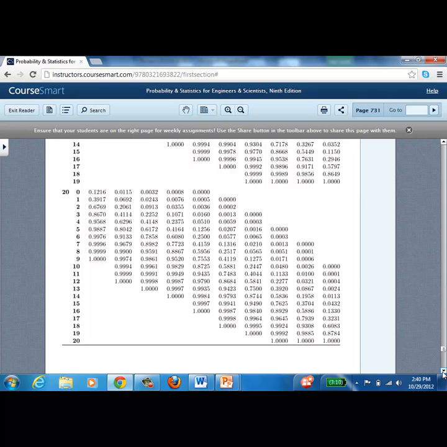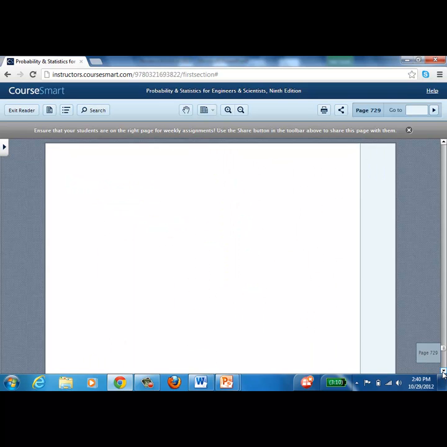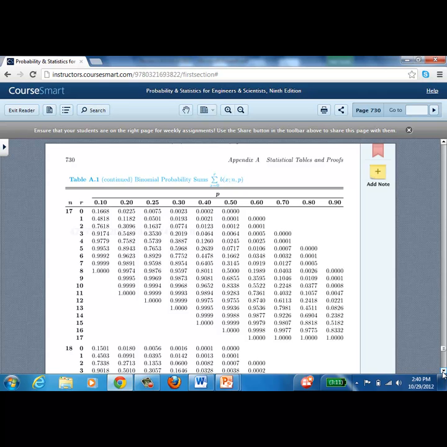The only thing that you need to know is the probability. So in this case, we have the probability equals 0.30. So at the top of the table, you'll see different probabilities. You're looking at the fourth column for n equals 20. So let's go down.